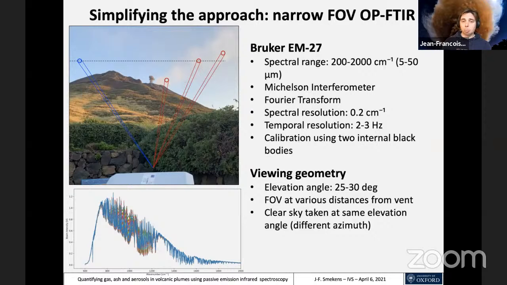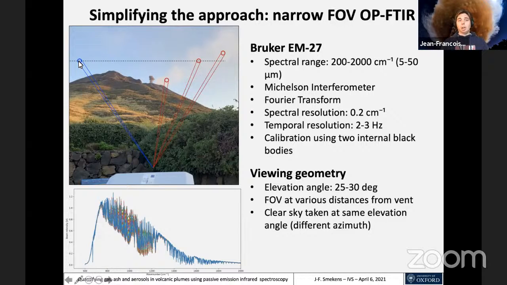And so our strategy was to have a viewing geometry with elevation angles of 25 to 30 degrees in general. And then we looked at the plume, placing this field of view at various distances from the vent to try and see what kind of effect we get.